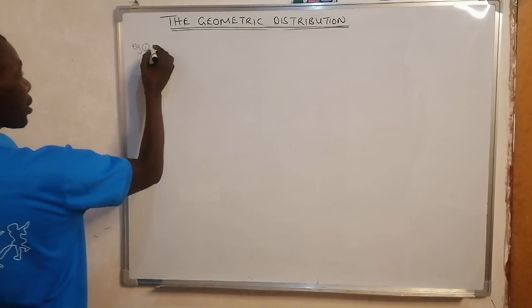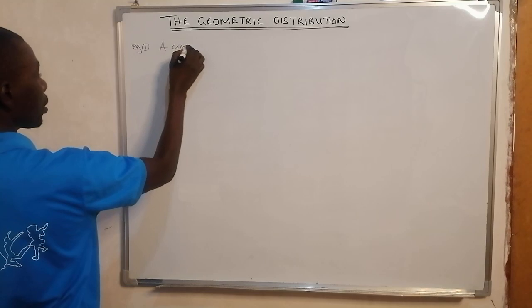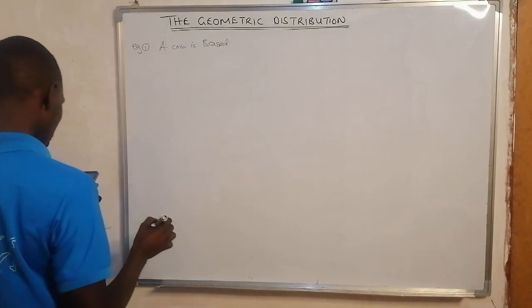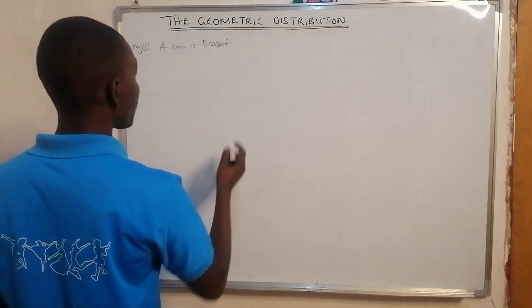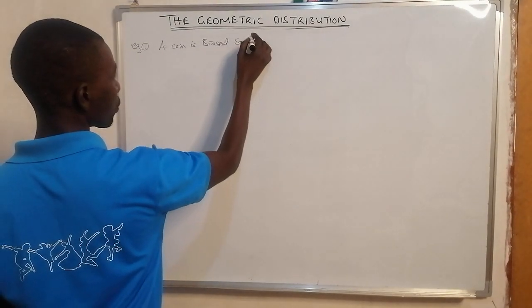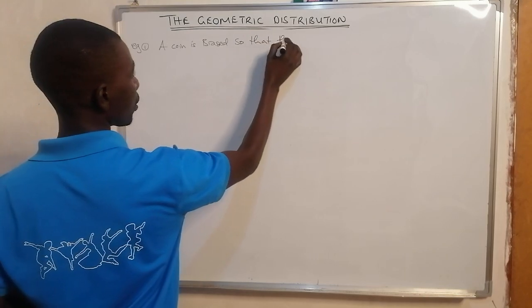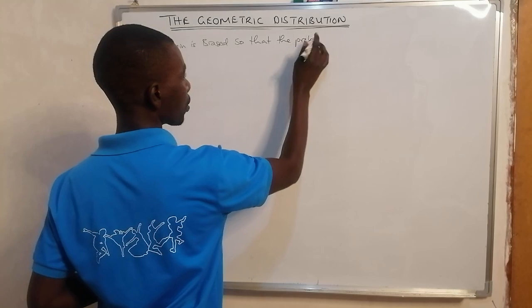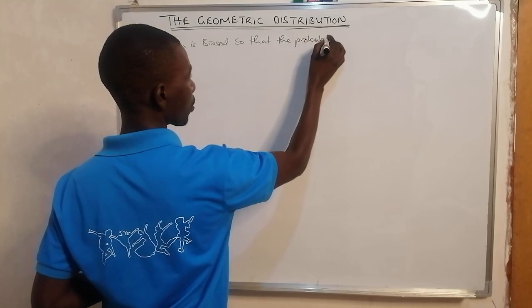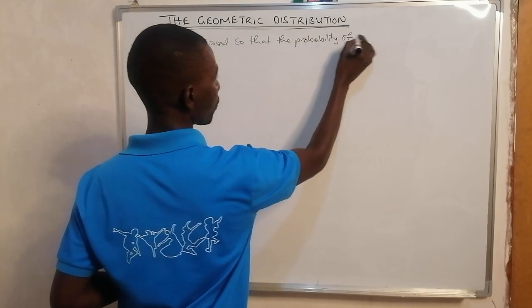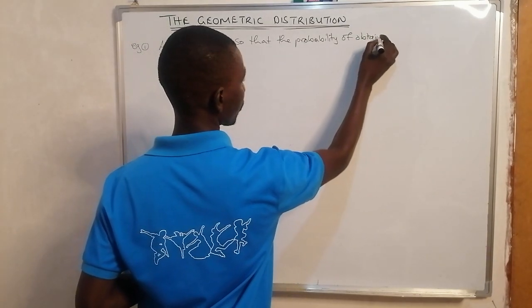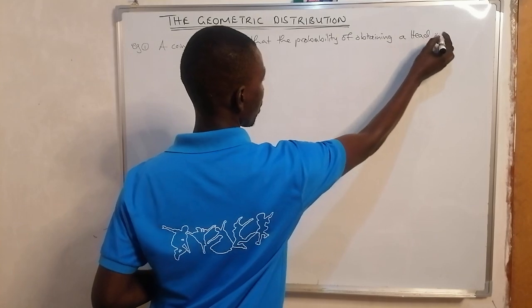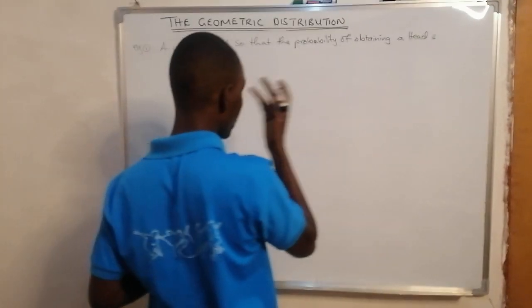A coin is biased so that the probability of obtaining a head is 2/3.